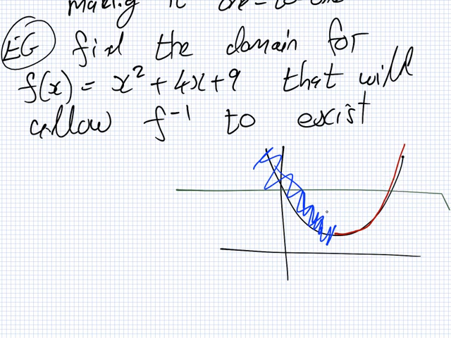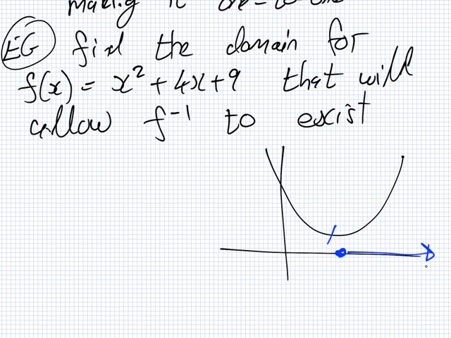Well, how do I delete this? I simply say use this domain from here to infinity, or maybe the other side. So we need to find this point. How do we find this point? So x equals... you have two possible answers.